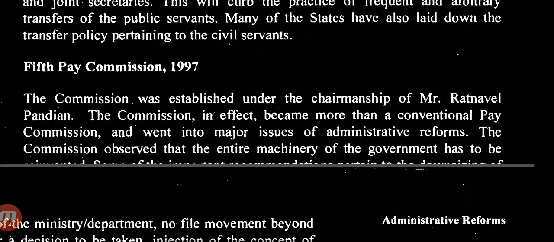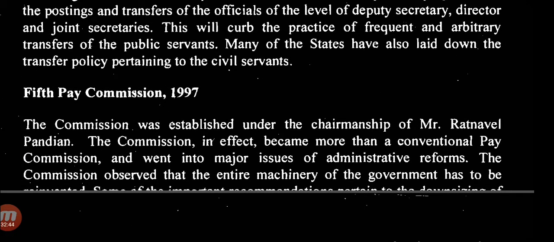Fifth Pay Commission, 1997. The commission was established under the chairmanship of Mr. Ratnavel Pandian. The commission in effect became more than a conventional pay commission and went into major issues of administrative reforms. The commission observed that the entire machinery of the government has to be reinvented.